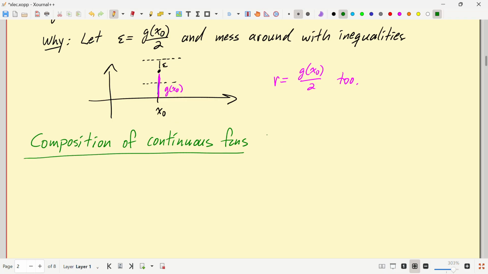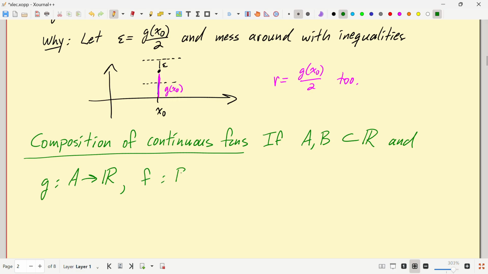So let's see. If I have A and B subsets of the real numbers and two functions. Let's take G mapping A into the real numbers and F mapping B into the real numbers.